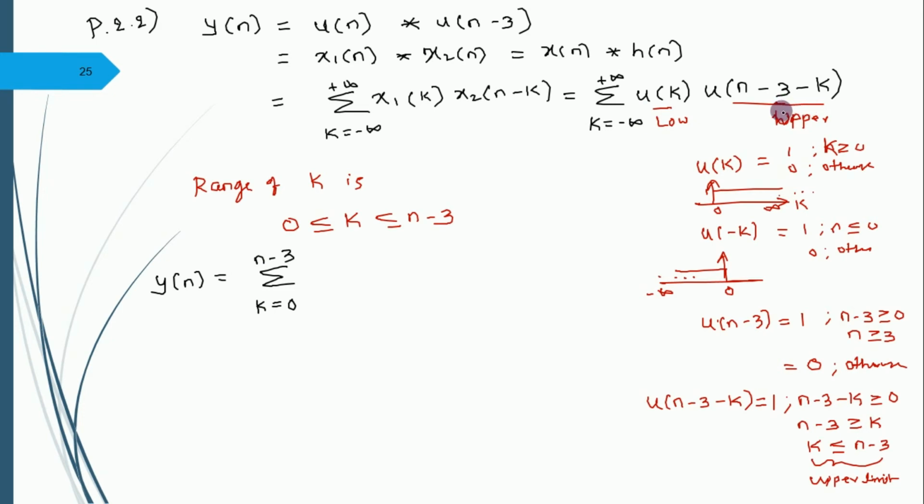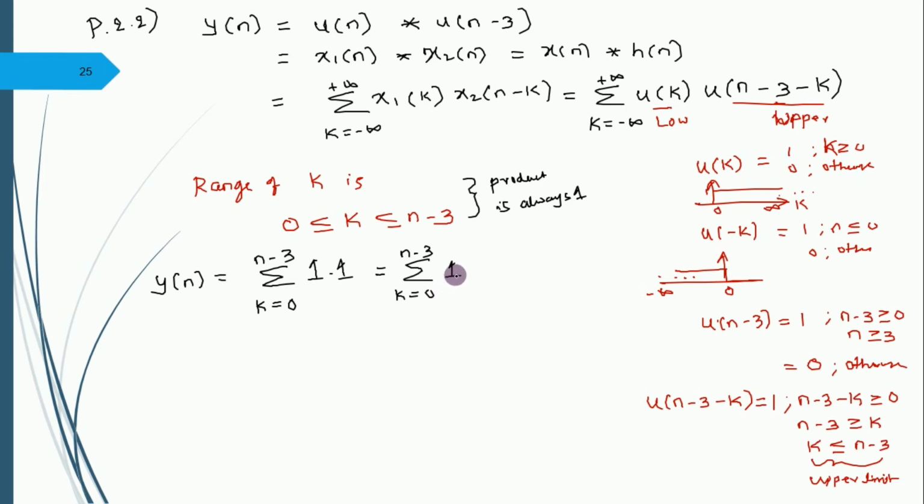For the other one, it will be 1 only when k is less than or equal to n minus 3. So I have decided this range. In this range, the product is always 1, so this is 1 into 1. This will result in summation k equal to 0 to n minus 3 of 1.